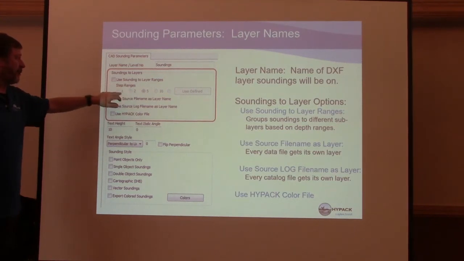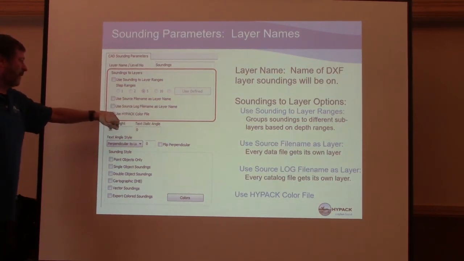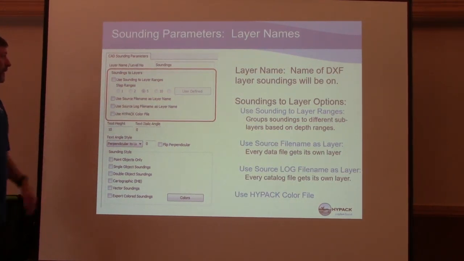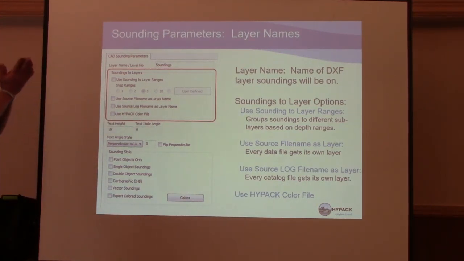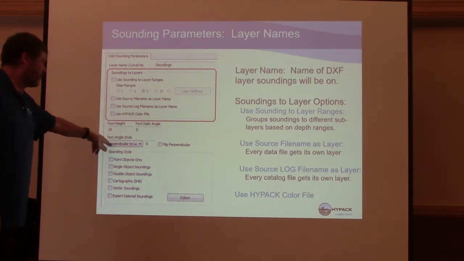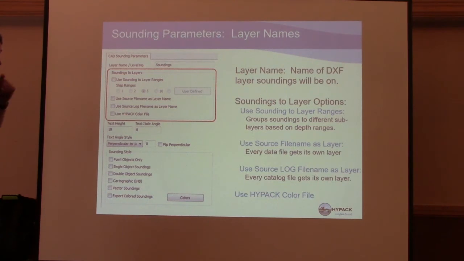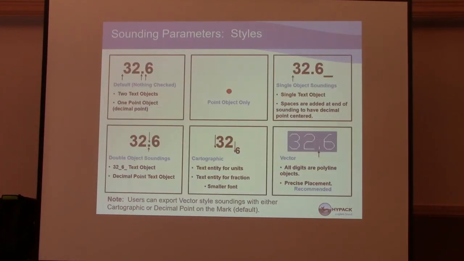Use sounding to layer ranges, either with the steps. Use source file name as layer name. Use source log layer name, or use the HYPACK color file to generate your layers. Get your text height, italic angle, so it gives it an italic style if you want. You have your options for perpendicular, parallel to the line. And then a bunch of different sounding styles, which I think is the next slide here. Yeah.